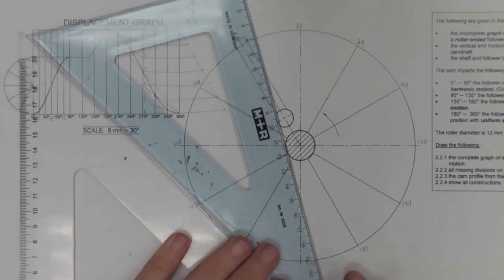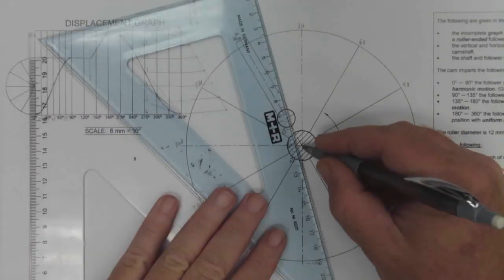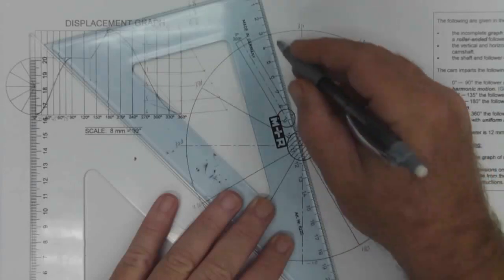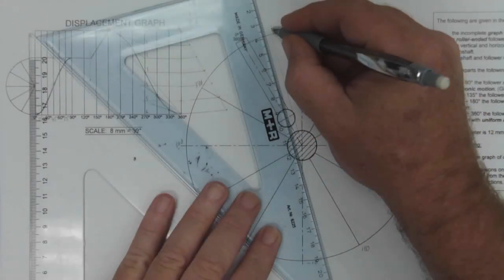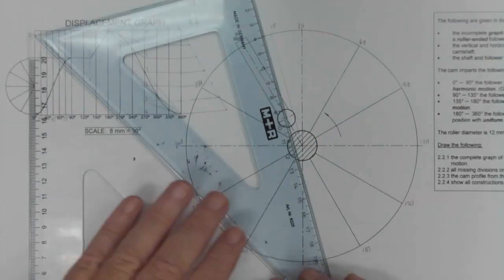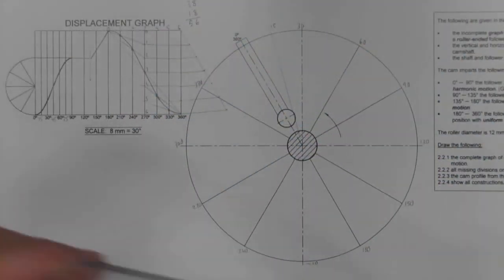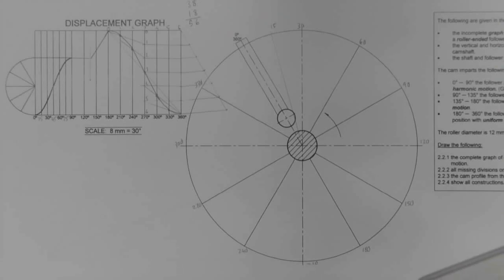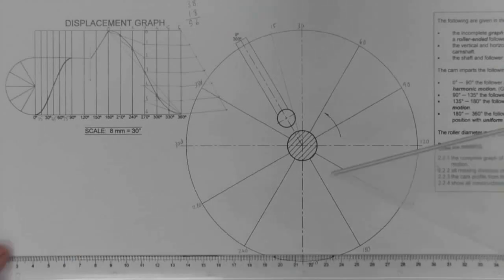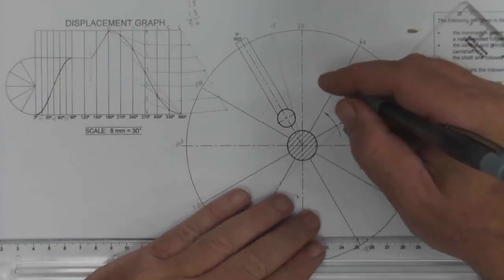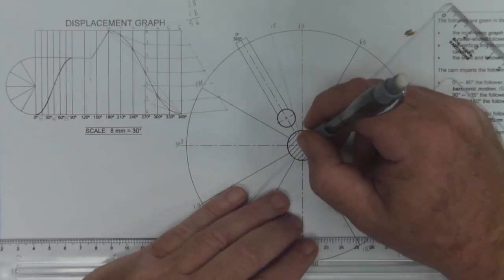So there are our 2 set squares together, giving me my angle here at 15. My 75-degree angle will be the 45 here.